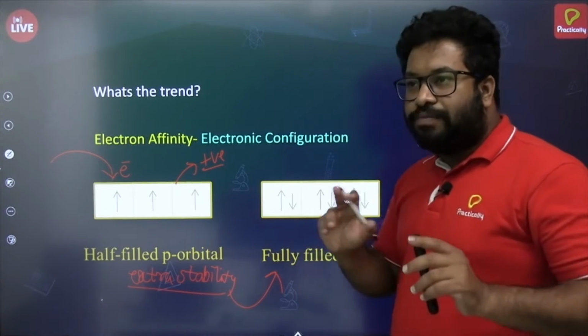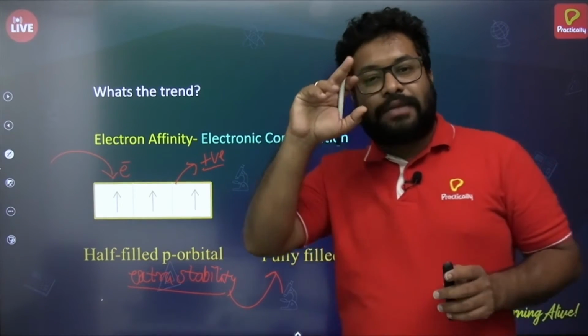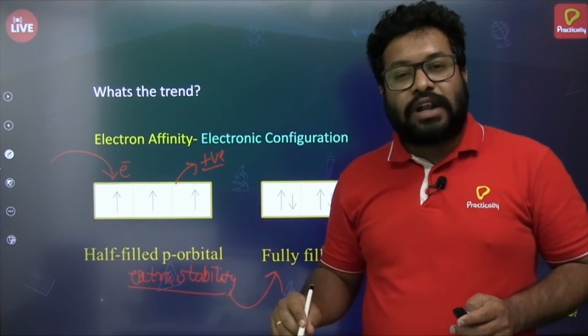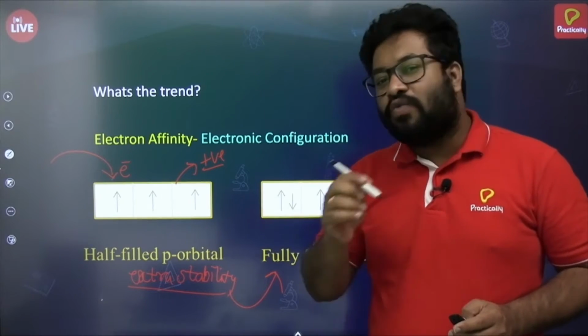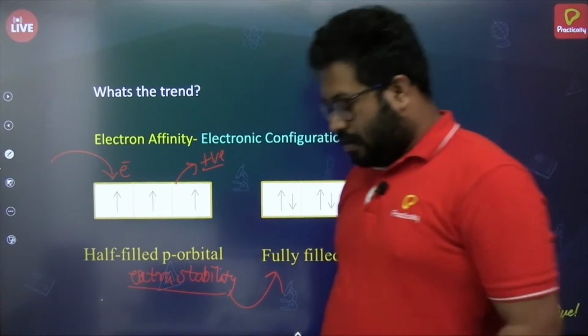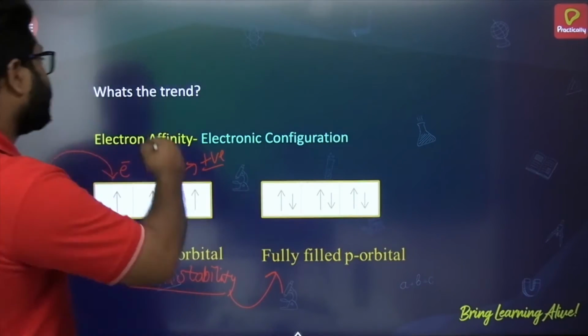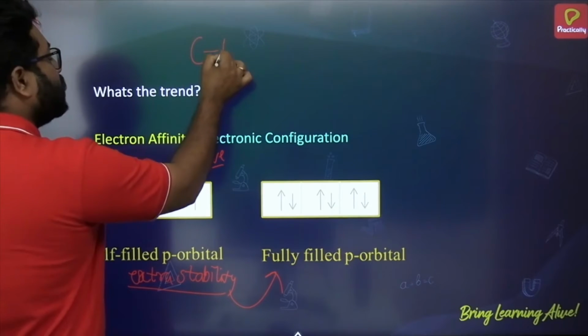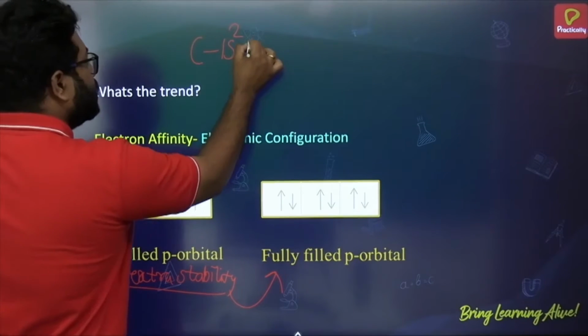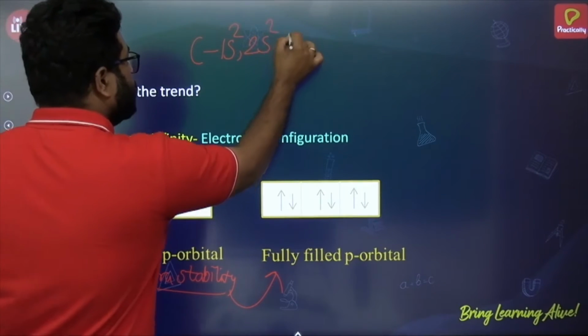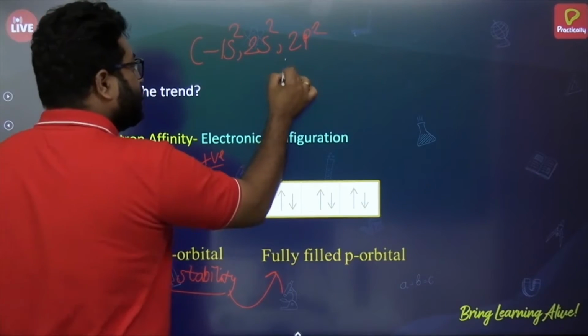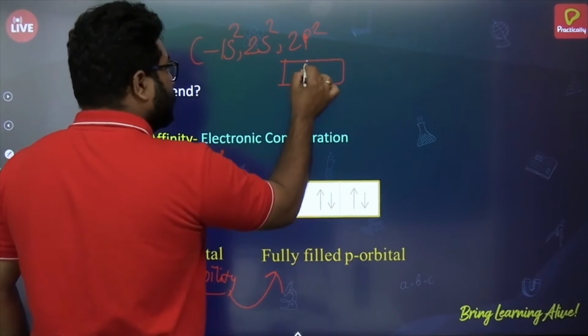Now, do you observe that when you went from carbon to nitrogen, electron affinity actually decreased? So why was it decreased? Because if you see the electronic configuration of carbon, it was 1s2, 2s2, 2p2. This is the electronic configuration of carbon, right?